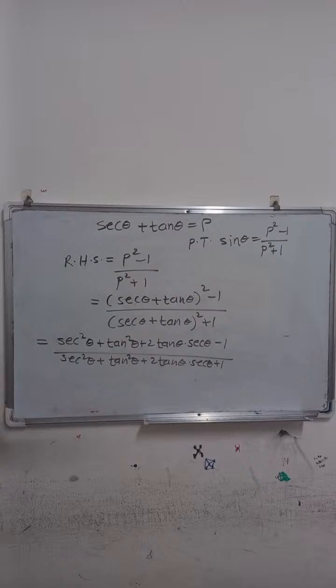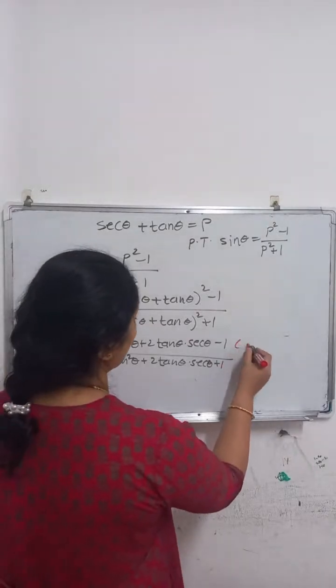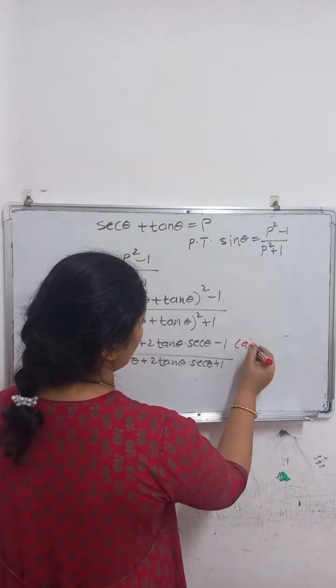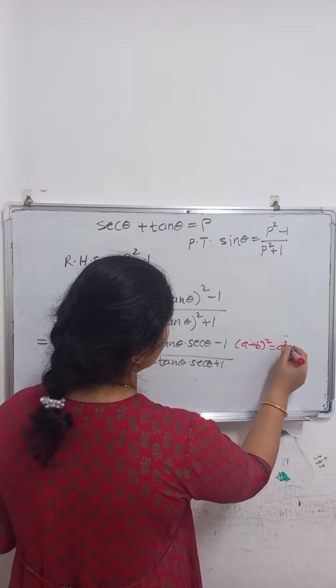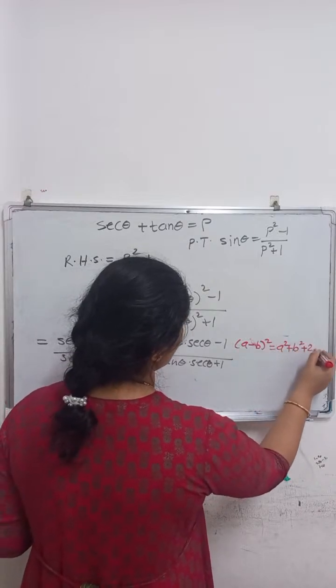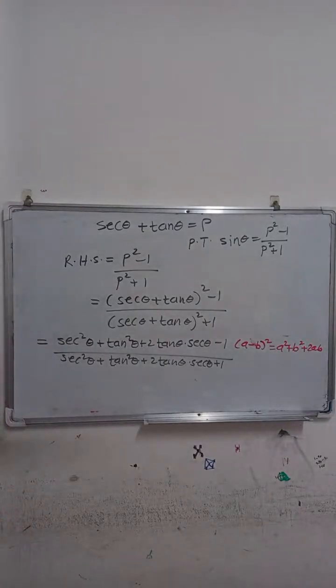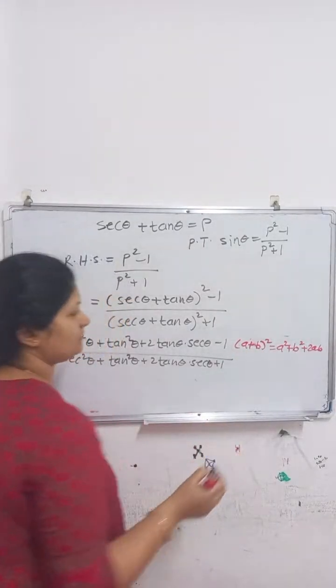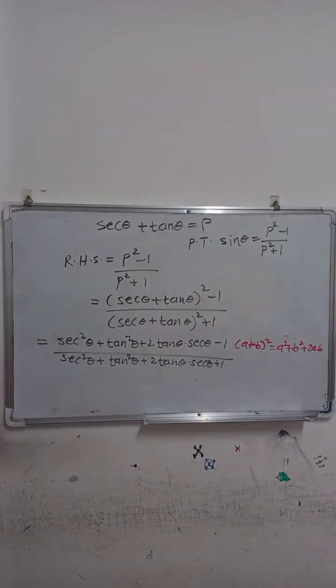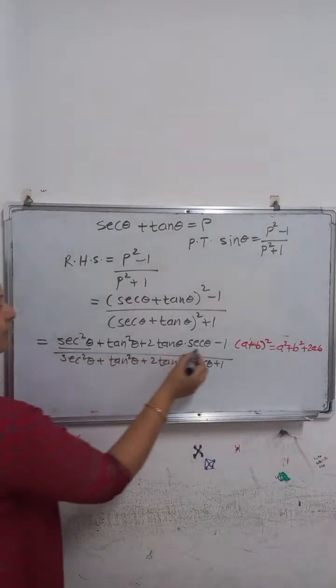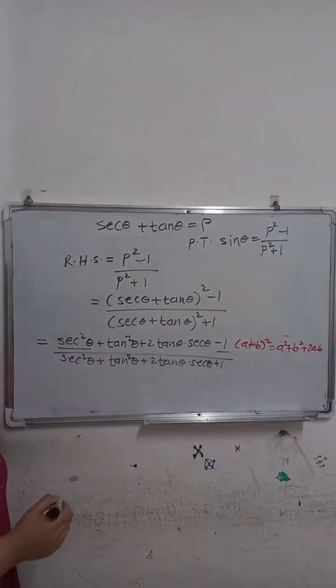Okay. So now here I expanded this by using this identity. I will write that also. (a plus b) whole bracket square is equal to a square plus b square plus twice ab. So this identity I used here. Now what I will do here: sec square theta minus 1 is nothing but tan square theta.